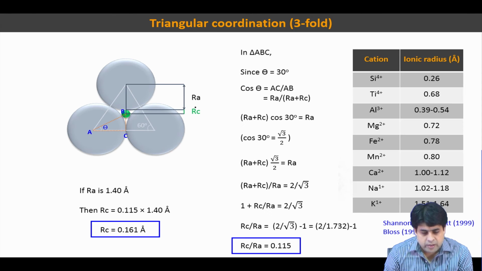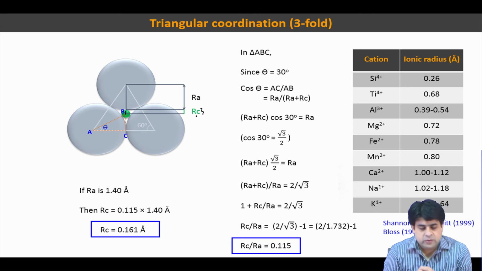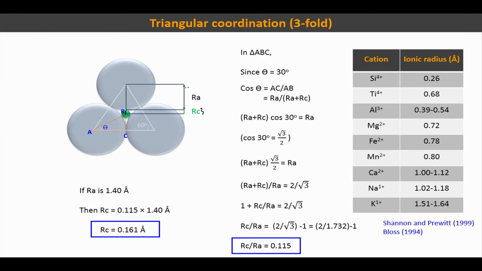You can understand from this diagram: this distance is the radius of the cation, and this distance is the radius of the anion.